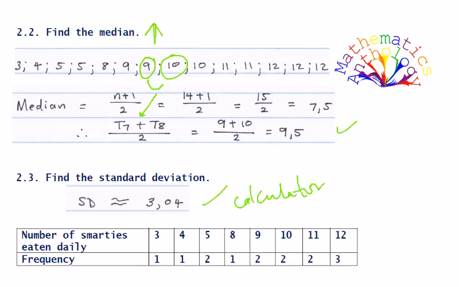So I'll enter 3, 4, 5, 5, and so on, up to 12. Then you press AC on your calculator, you press shift, then you go to the number 1. You choose option 4 here for variance, and then you choose option 3, equals, and that will give you your standard deviation. That gave me a standard deviation of 3,04 on my calculator.